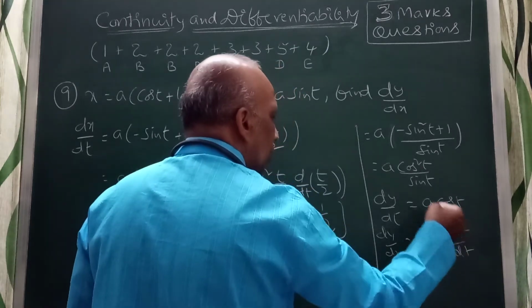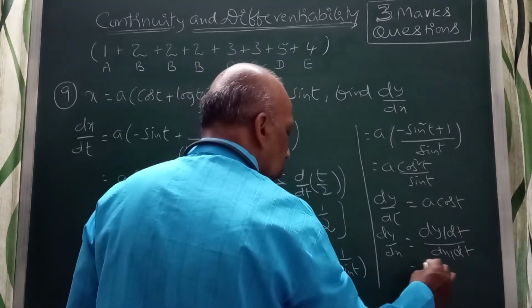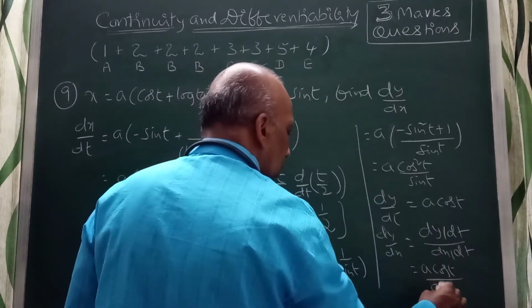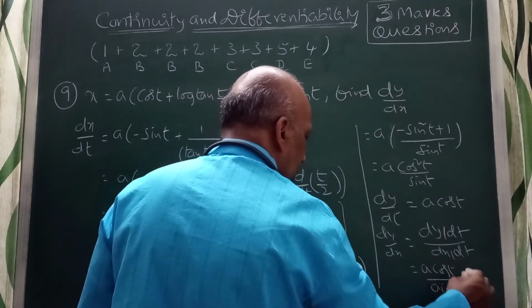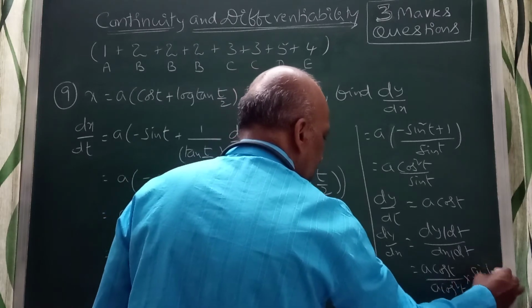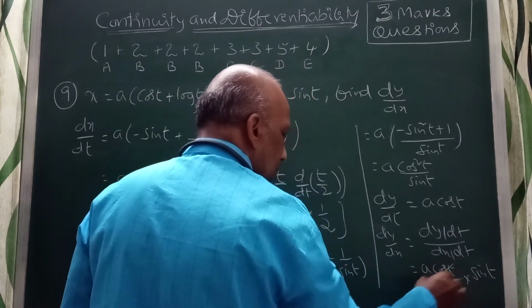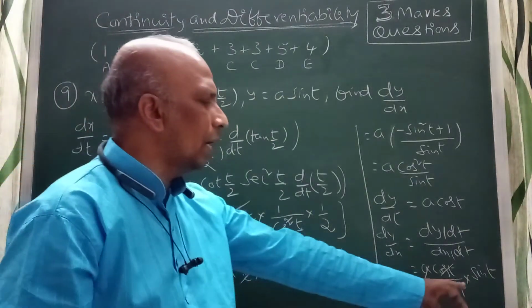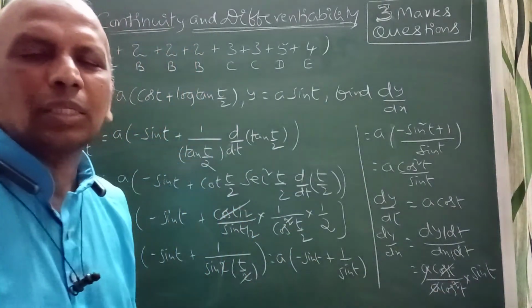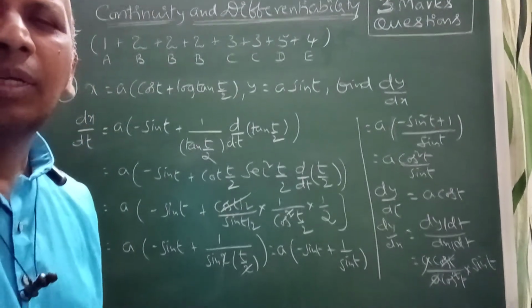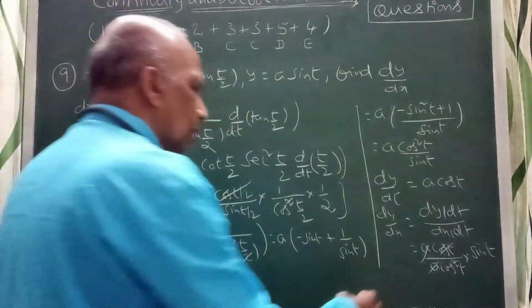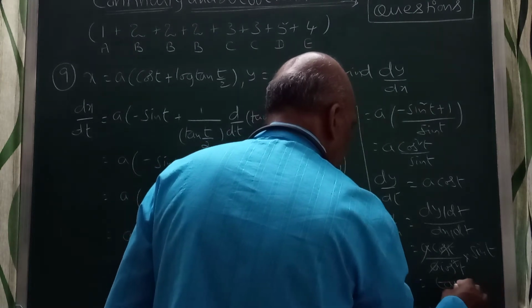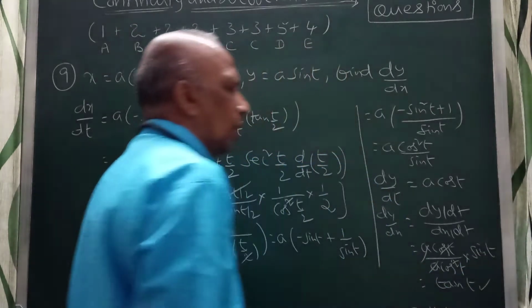So dy by dt is a cos t, divided by a cos square t by sin t, you will get a cos square t into sin t. So cos t will cancel, a will get cancelled. Sin t by cos t gives tan t. The result will be tan t. The answer is tan t.